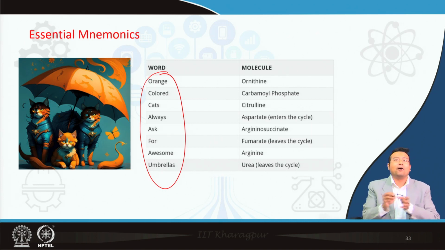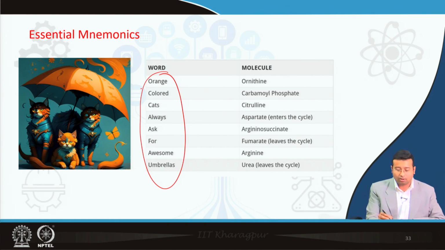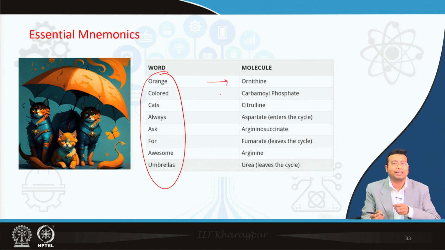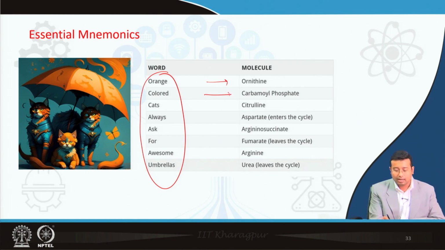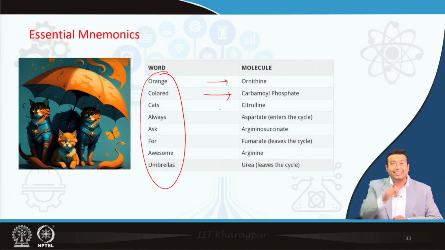So let us see how beautifully all the molecules are denoted in sequential order in the urea cycle. Orange: ornithine, the first molecule to take part in the urea cycle. Next, carbamoyl phosphate enters and combines with ornithine to form citrulline: orange colored cats.